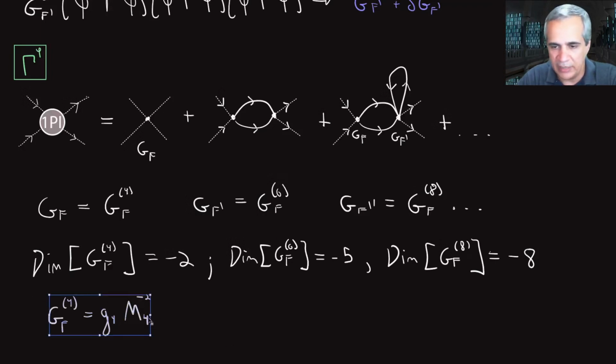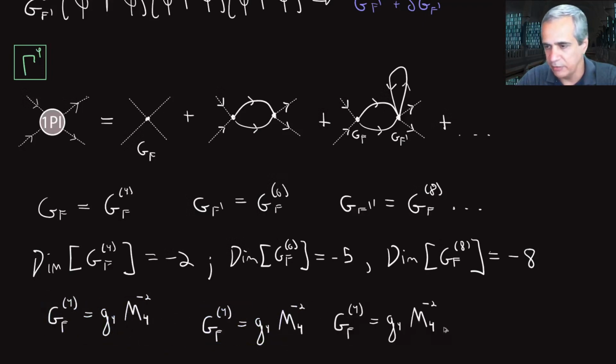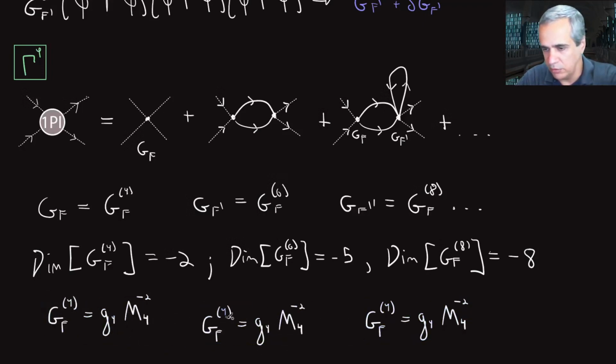And I could do that for the others. So this is for 6: G6, M6, in this case to the power of -5. And for 8, G8 here, to the power of -8, right?